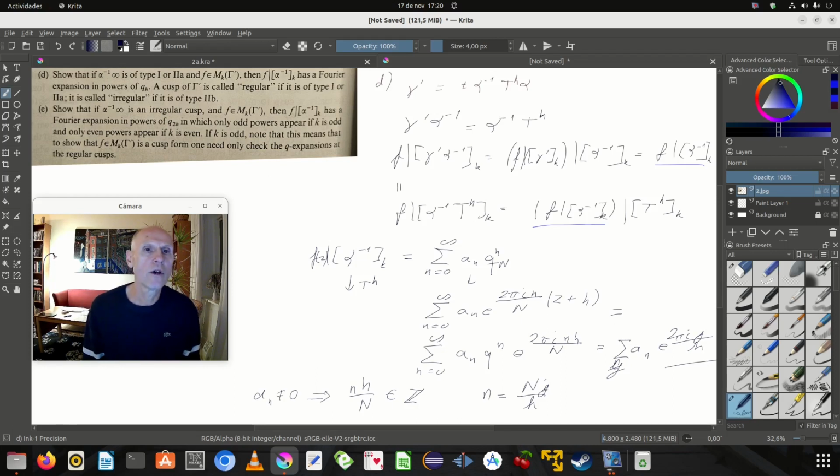I really had no idea where that h came from. So only powers of q to the h occur, where minuscule n is given by this expression.